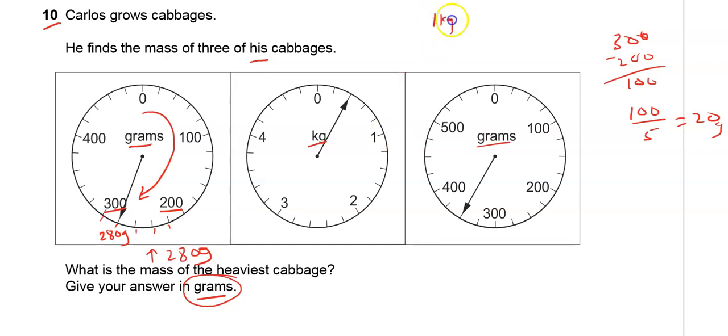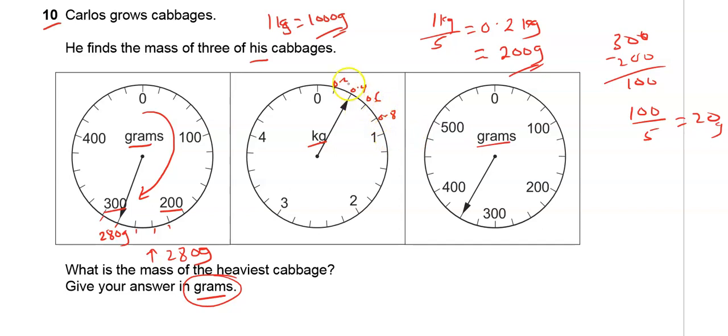So 1 kilogram divided by 5 gives us 0.2 kilogram, and 0.2 kilogram is equivalent to 200 grams, because 1 kilogram equals 1000 grams. So convert that. This is 0.2, 0.4, 0.6, 0.8, then 1. So 0.4 is 400 grams.